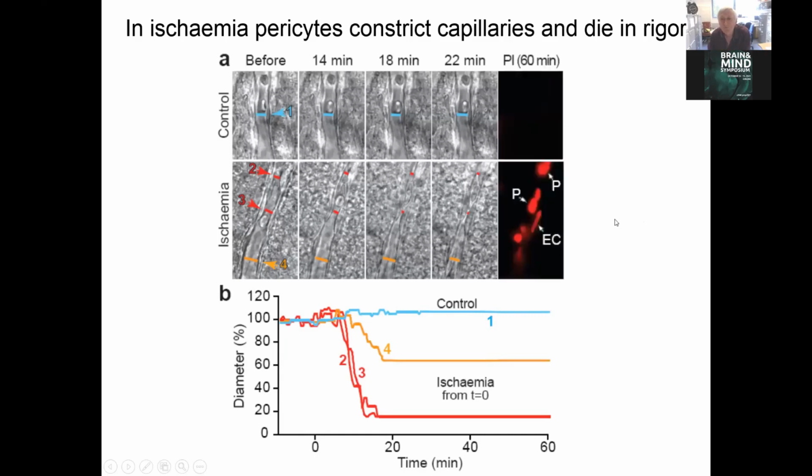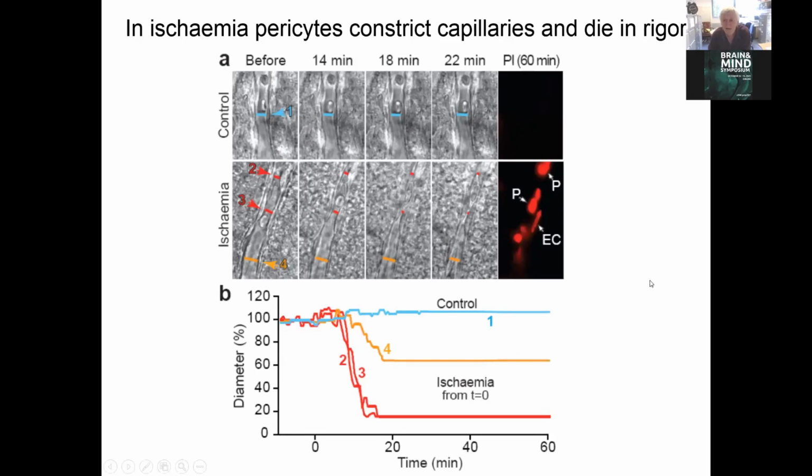But then if you apply propidium iodide, which normally can't cross the membrane because it's got a 3+ charge, but if the membrane of the pericyte is ruptured, then it can go in and label the genetic material. It fluoresces red. And we found that after just an hour of ischemia, the cell membrane permeability is broken down. So the cell has constricted, it's squeezed the capillary, but it's then died while still squeezing.